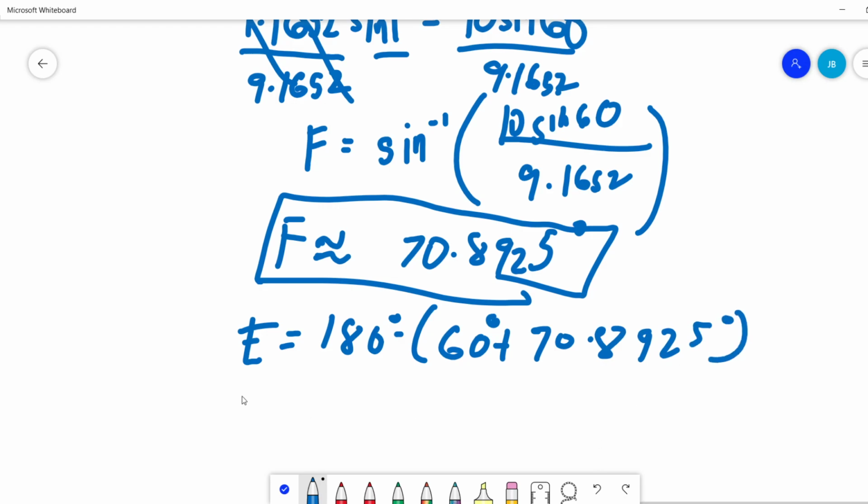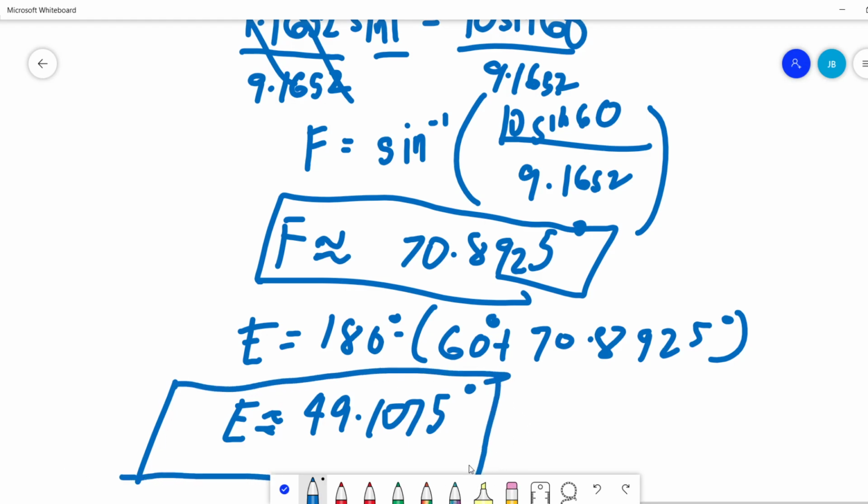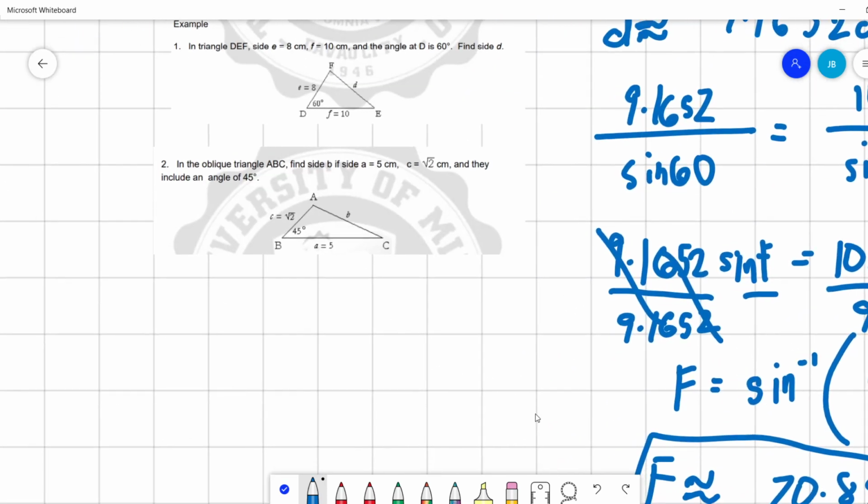Therefore, angle E is equal to approximately 49.1075 degrees.